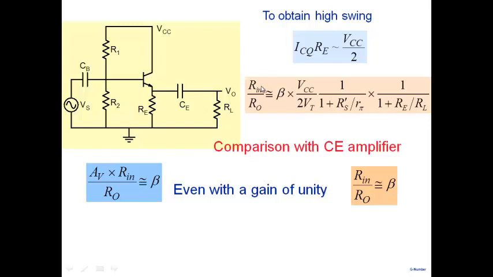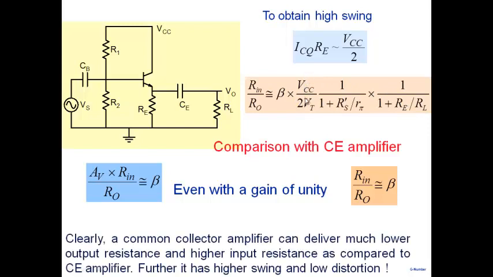And what did we just say about common collector amplifier? Rn by R0 is beta times some of these quantities here. And this remaining factor is larger than 1. So what I'm saying is, a common collector amplifier's ability to provide you with higher input resistance and lower output resistance is much larger than what you can get from a common emitter amplifier.